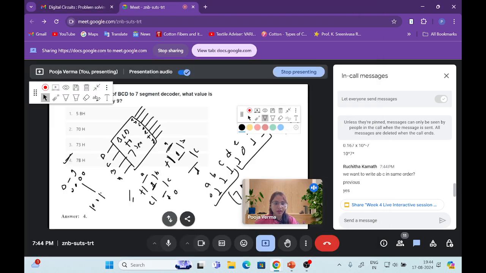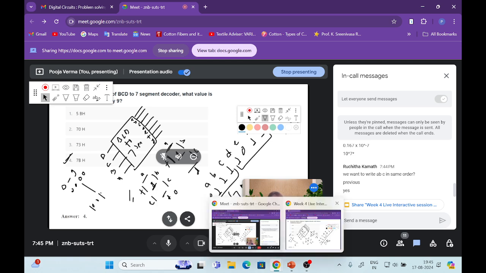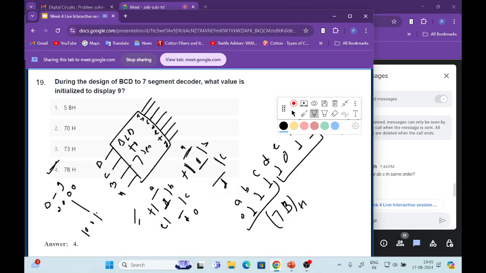It is a representation of a 7 segment decoder, A, B, C in this order. Here it is A, B, C, D, then E, F, and this one represents G. So we have to move in this direction only. This one is A, B, C, D, E, F, and this one is G.